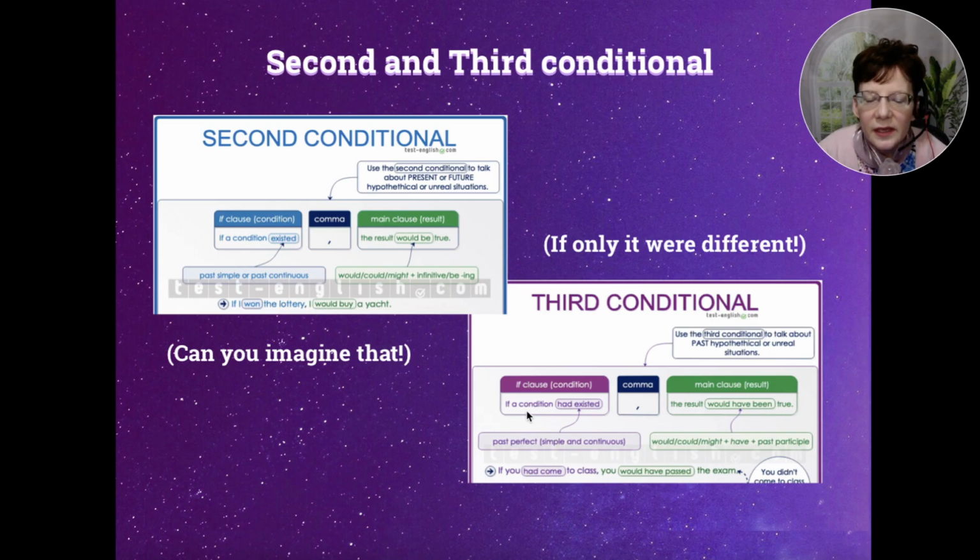So the if clause uses the past perfect. It can also use past perfect continuous. And then the main or result clause uses would, could, or might plus have, and then past participle. So, for example, if you had come to class, you would have passed the exam, but it really means you didn't come to class. So that's why.